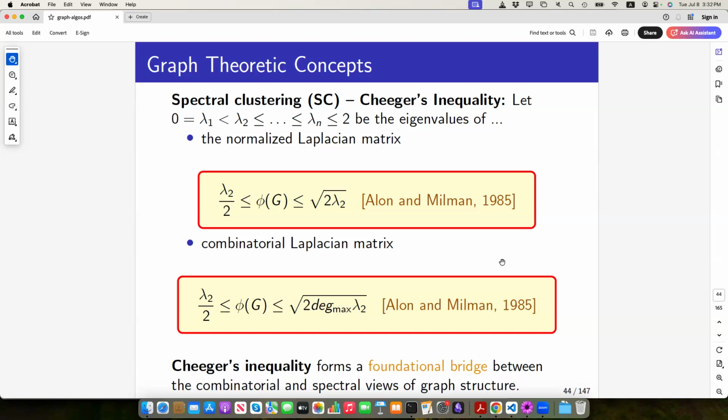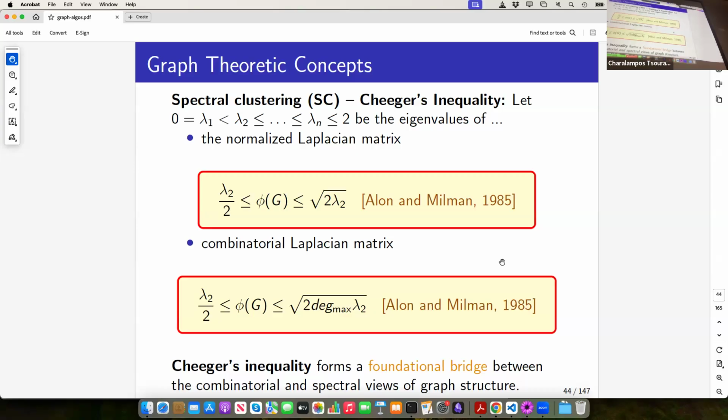If the second eigenvalue is very close to 0, it means you can easily disconnect the graph. So it generalizes the intuition that the multiplicity of 0 gives you the number of connected components, which means they're totally disconnected. You don't need to do anything. But if you have a connected graph and you look at the second eigenvalue, which is non-zero, the closer to 0, the easier you can disconnect the graph.